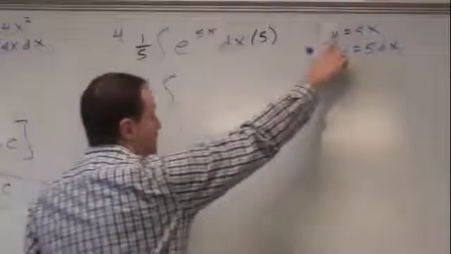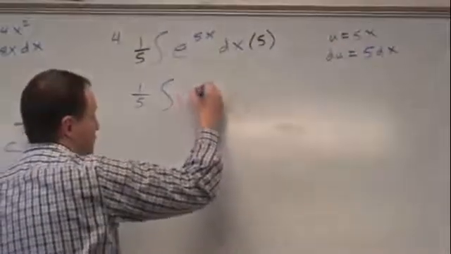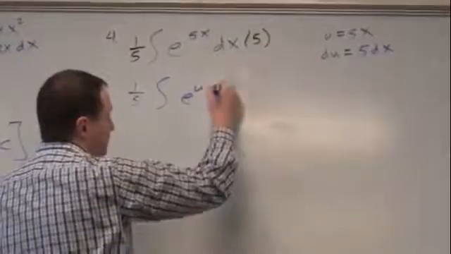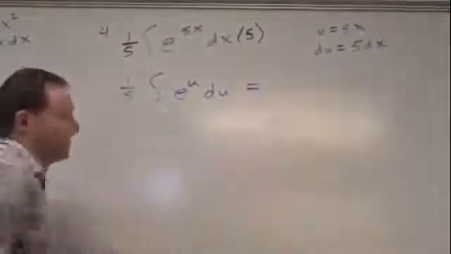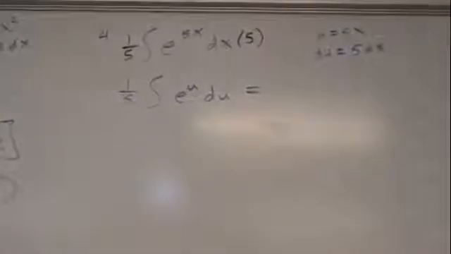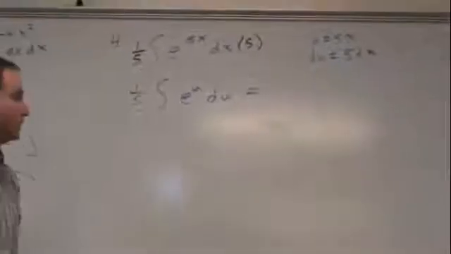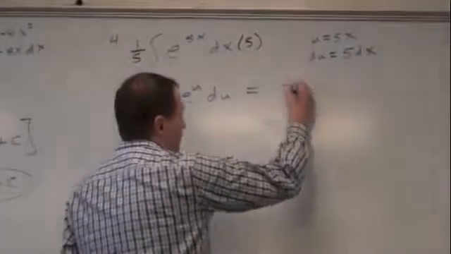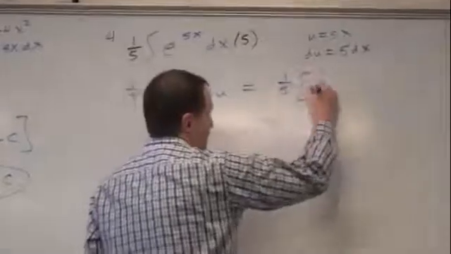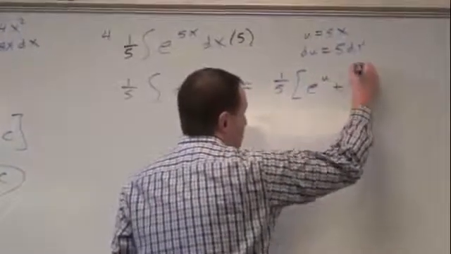This is just e to the u. And then this is du. So now I can say the integral of e to the u is e to the u. So I'll get 1/5 e to the u plus c.